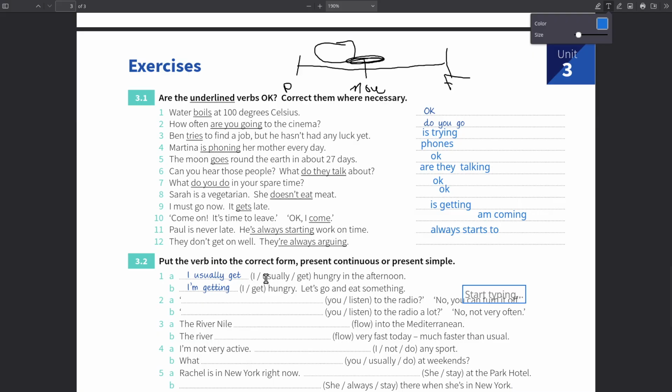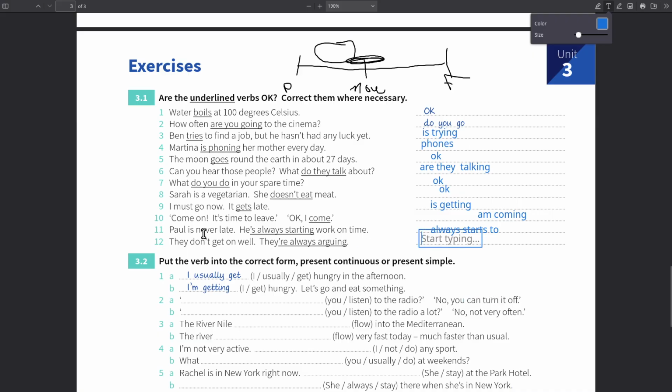The next one. They don't get on well. They're always arguing. Yeah, I think it's okay.